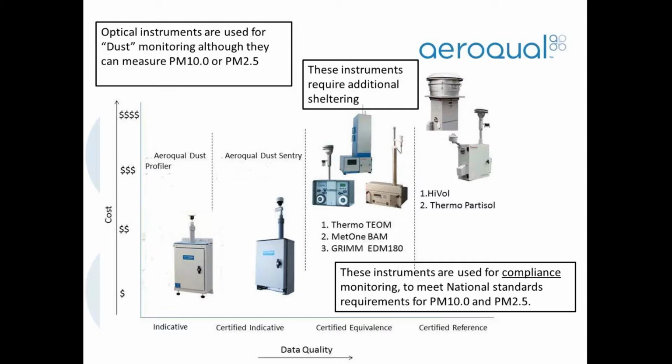They come at very high cost, both to purchase and to run, but the data quality is very high. One level down, often referred to as a certified equivalence method, are the TEOM, the MET1 BAM, and the GRIM. Again, these are often used in compliance monitoring networks to meet national standards for PM10 and PM2.5.